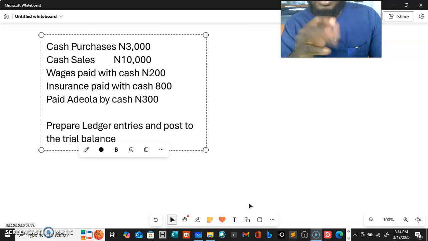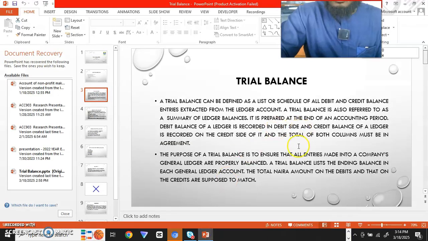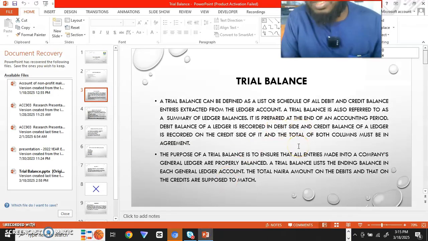Okay, now right here, I have a question on the screen. And also, we'll try as much as possible to start from the beginning and expose you to what you need to understand by the word trial balance. Now, we can see on a slide that a trial balance is defined as a list or schedule of all debit and credit balances that are extracted from the ledger account.